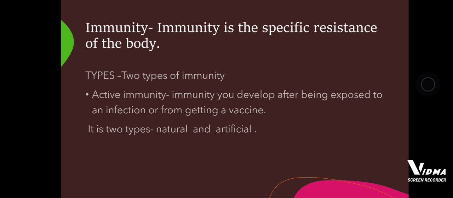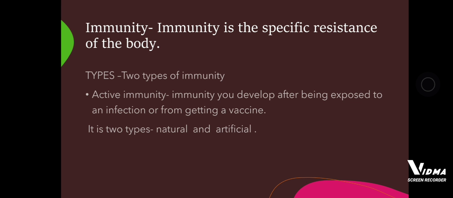Or now corona is running, so you all are getting vaccines. So through vaccine, what are you getting? Immunity. So immunity after being exposed to the infection or from getting a vaccine, that is called active immunity. It has two types: natural or artificial.